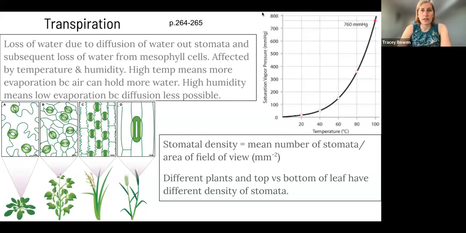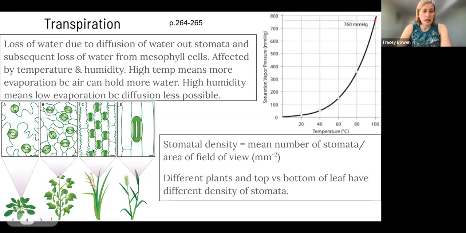So if we are looking here at loss of water due to those two factors, high temperature means more evaporation because air can hold more water. So if it's not humid, then those plants, like in a desert, are going to be at risk for losing a lot of water when their stomata are open. But if it's high humidity, so you think Singapore maybe, then it's going to be low evaporation, loss of water, because diffusion is less possible of those water molecules out through the stomata.